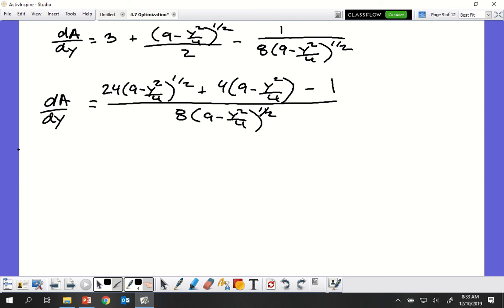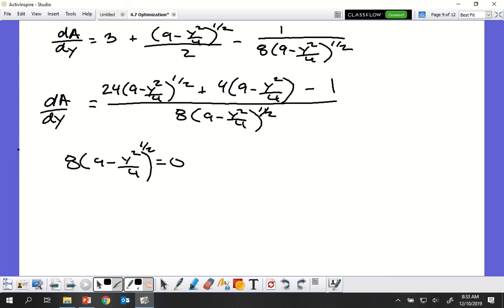We got to figure out where it equals 0: the quantity 9 minus y squared over 4 equals 0, right? Because that's going to be undefined.